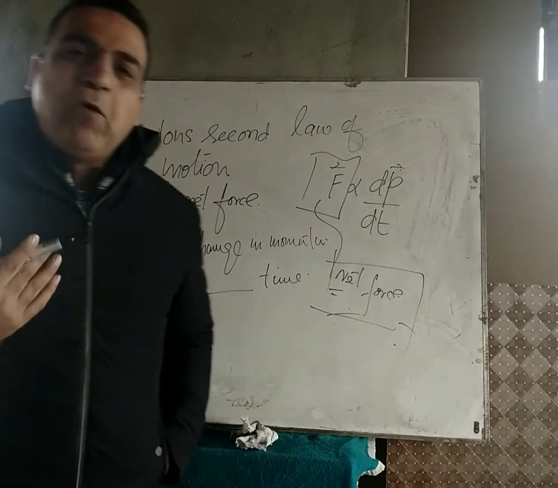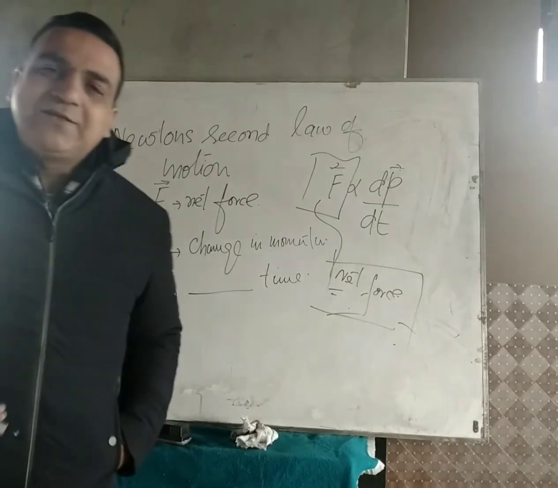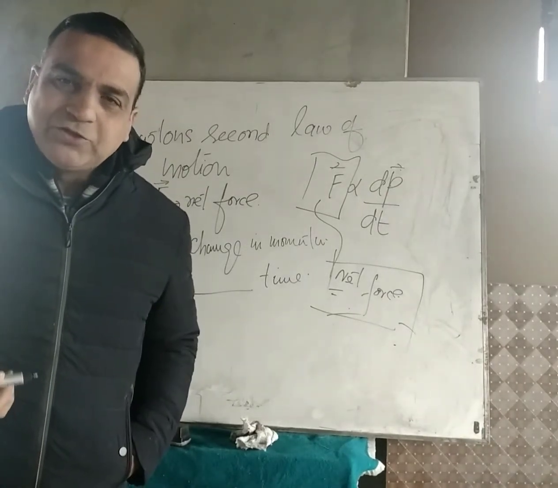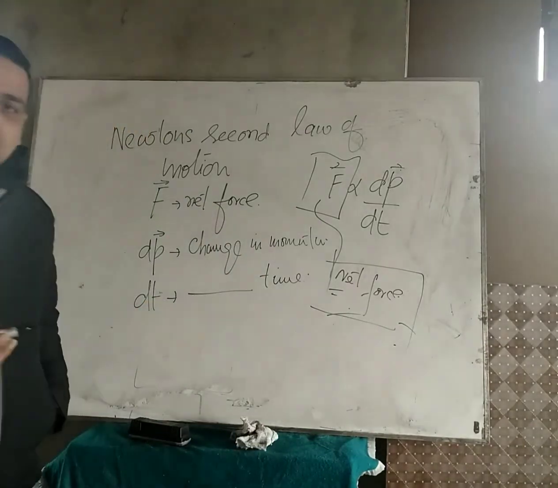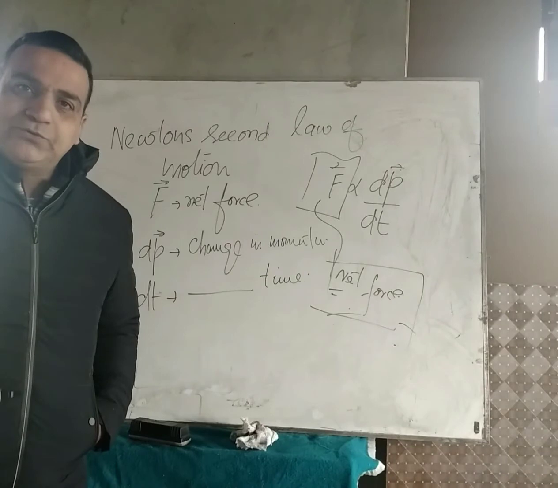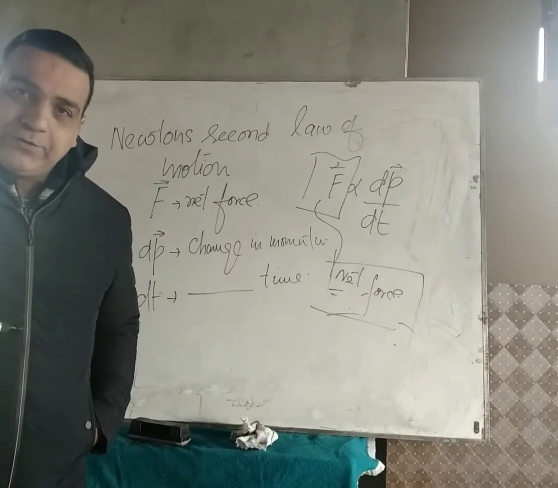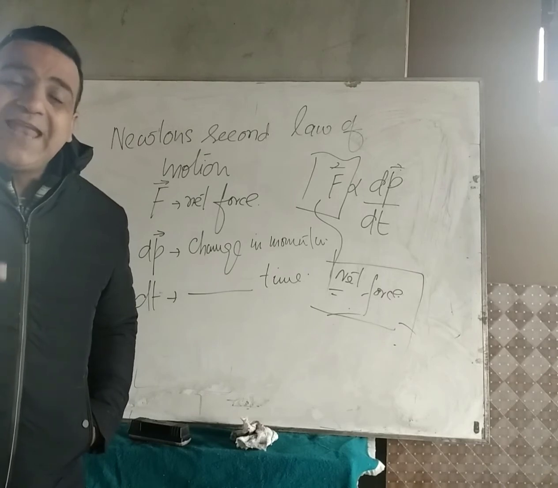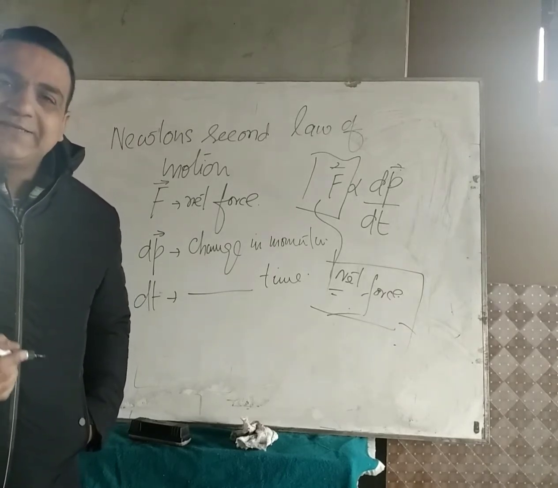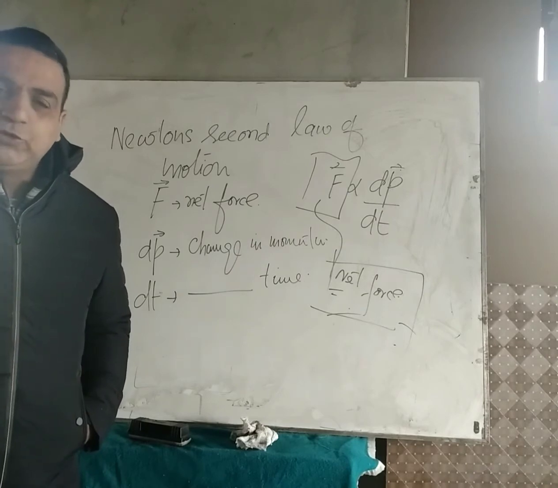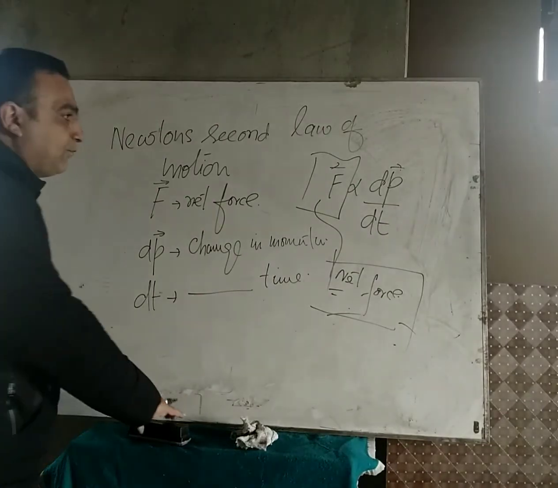It is the net force. There can be forces acting on a system and their result can be zero. So taking this force as the net force solves the issues. So the statement says the net force acting on a body is proportional to the rate of change of linear momentum.